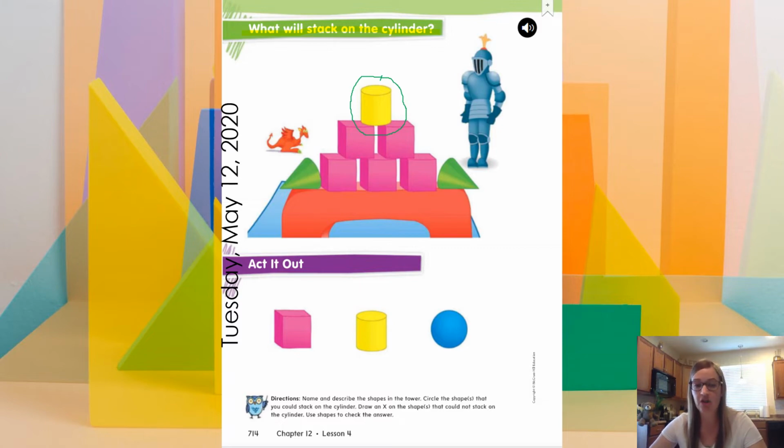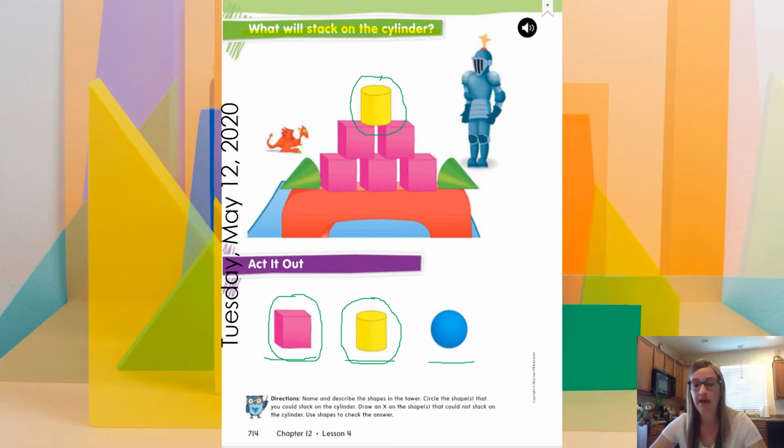Your choices are a cube, another cylinder, or a sphere. Did you choose the cube and cylinder? Good job. So I'm going to draw a circle around the cube. A cube could stack on top, and yeah, another cylinder could stack on top.